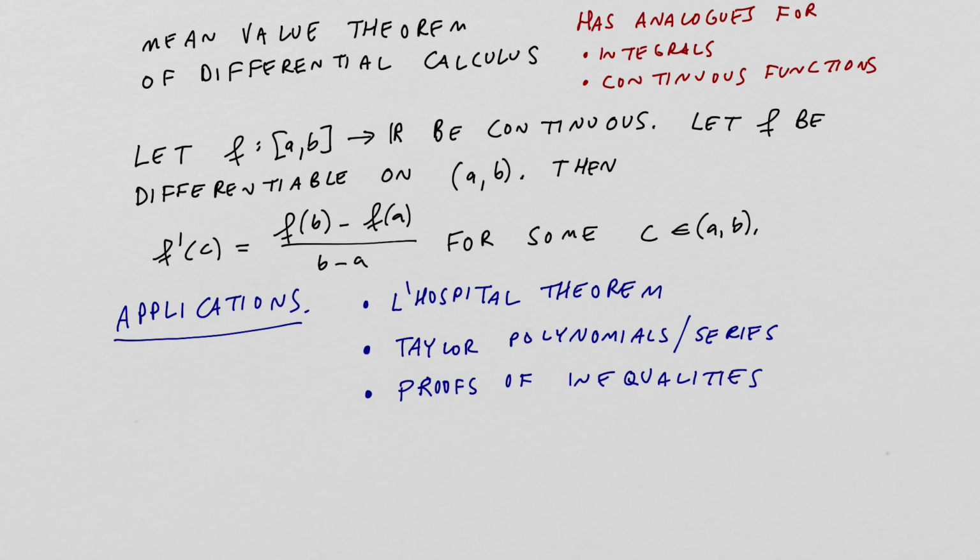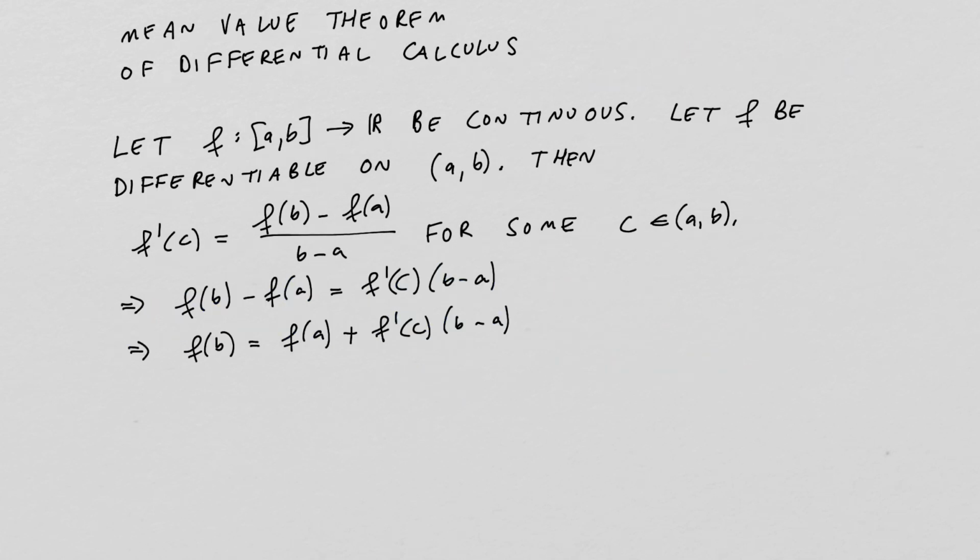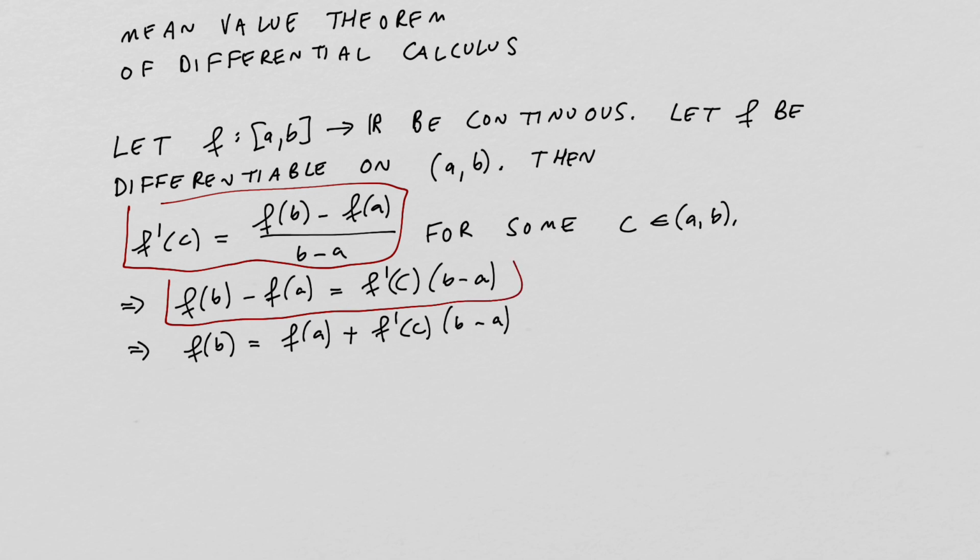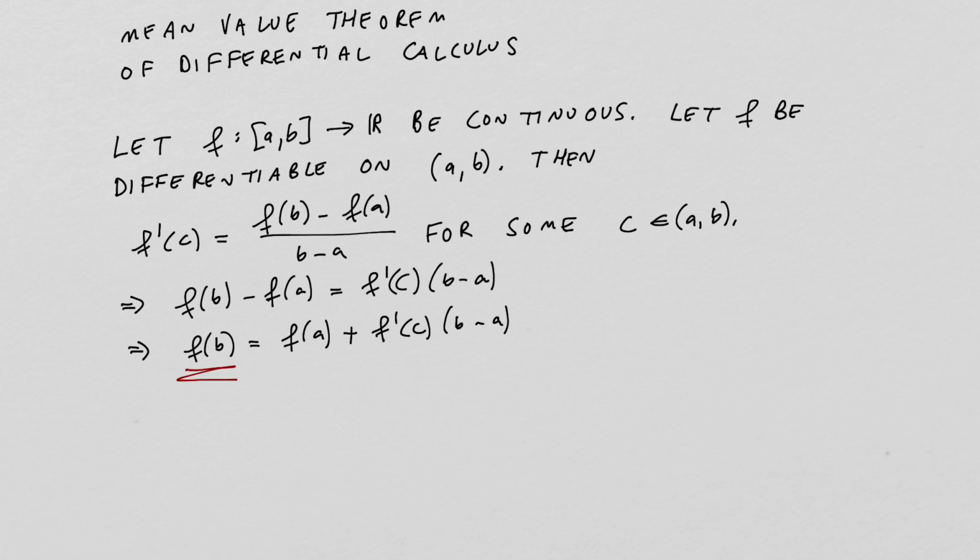How do we obtain the Taylor polynomials or series? We can take our identity and we can write it in different ways. It shows that we can approximate the value of f at b by using the value of f at a and choosing the derivative here in a suitable way.